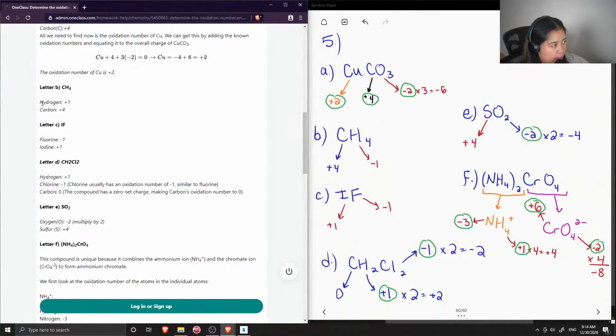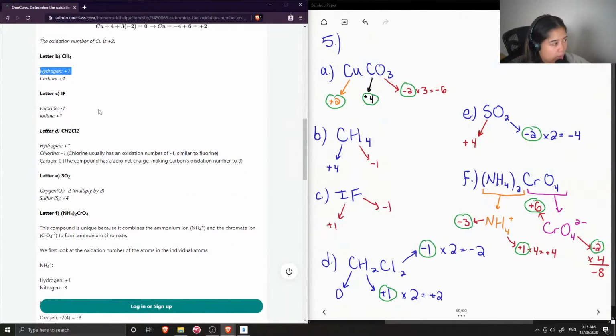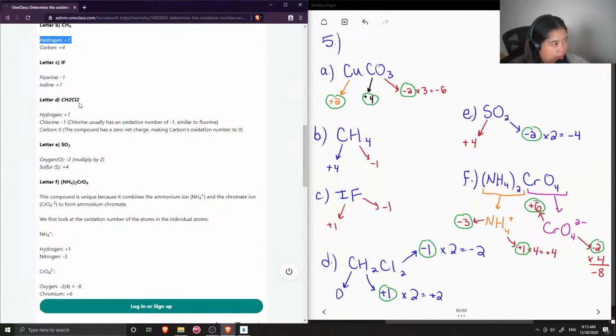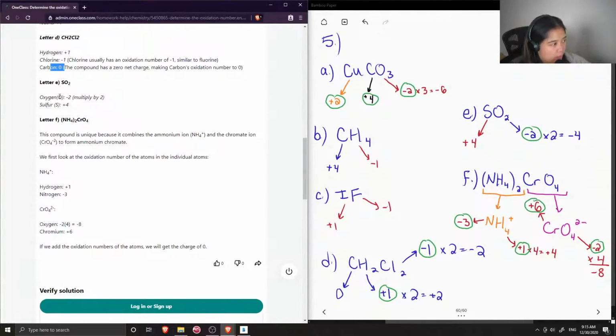CH4 was kind of confusing to me as well, since hydrogens usually have a +1, but I just said that if carbon had a +4 oxidation state, then the hydrogen should be -1 if the overall molecule is neutral. So I'll just take note of that at the end there. -1 for fluorine, iodine +1, hydrogen +1, fluorine -1, carbon in this case would be 0. Oxygen is -2, sulfur's +4.